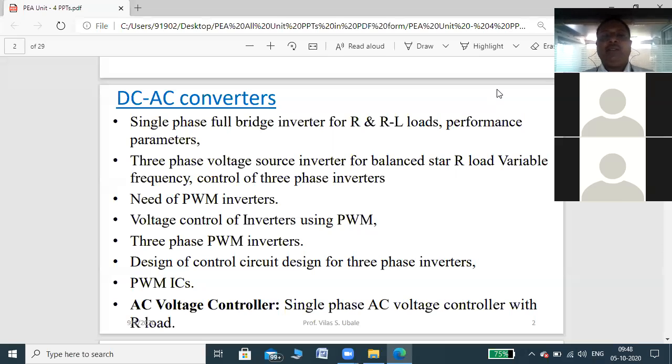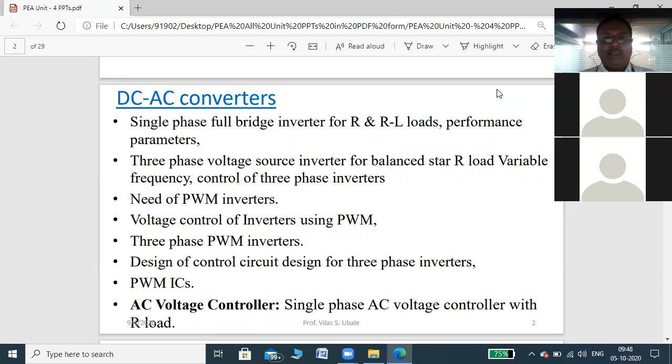So how do we obtain variable frequency? There are frequency generators, like RC oscillators and LC oscillators, but the voltage level of such oscillators is very low. You cannot achieve a voltage in kilovolts, or even in some volts.